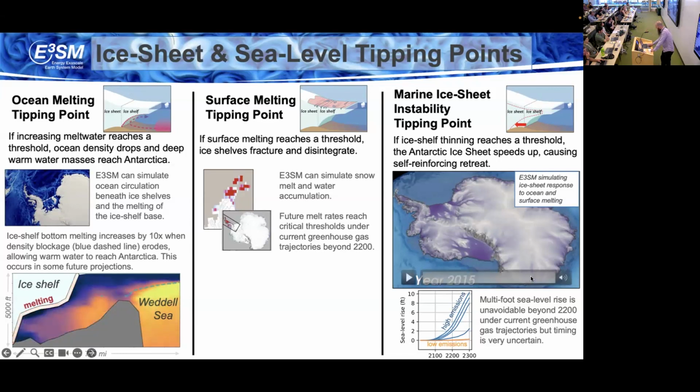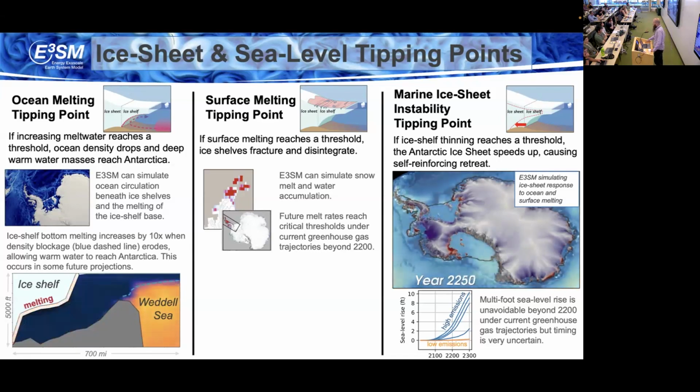And on the right here, I have another animation. Now this is the first results from our actual ice sheet model, which is MALI. This is from a recent ISMIP comparison that is using climate forcing from CMIP models that were run out through 2300 under various SSP scenarios, where the SSP scenarios themselves were extended out to 2300.